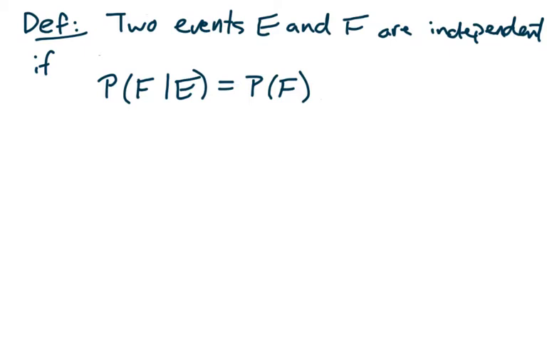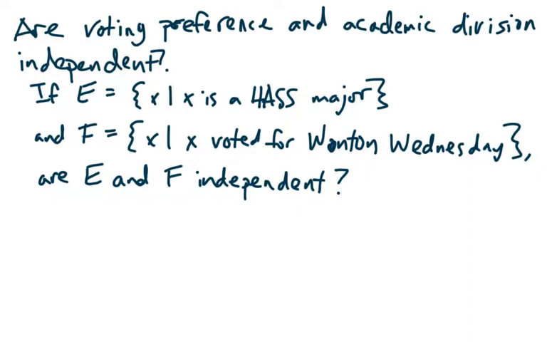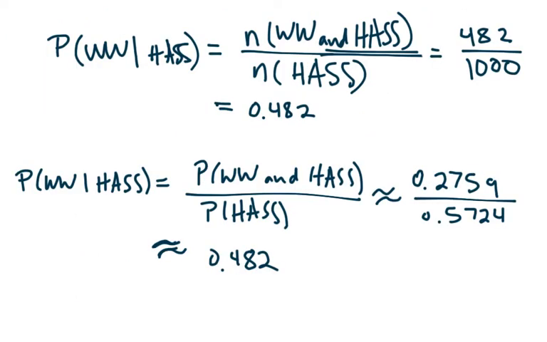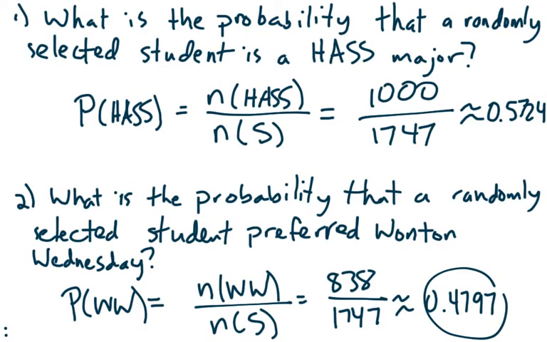So this is what we want to check. For this question here, we want to check that condition. So these are the two things that we're looking for. We actually found both of these probabilities earlier. We just need to write them down here and see if they're the same. Here's the probability of F given E, and here's the probability of just F.